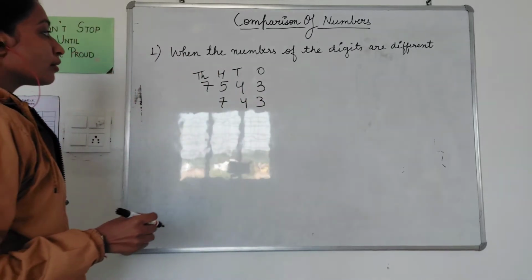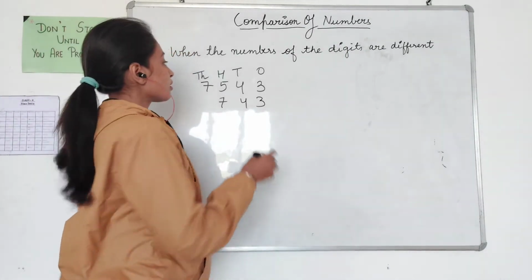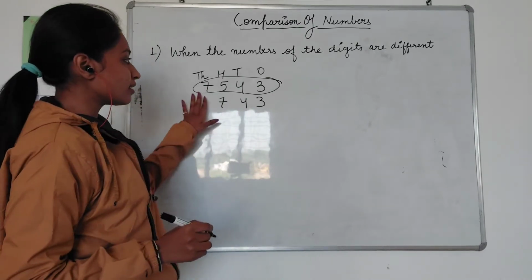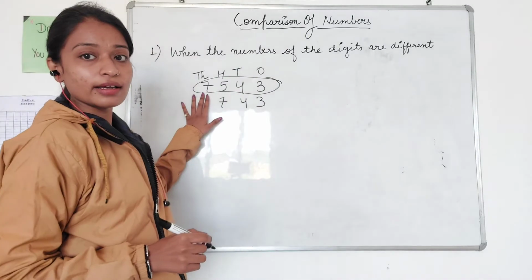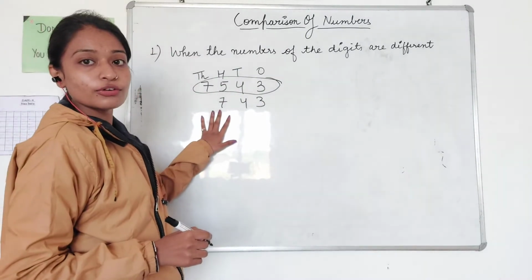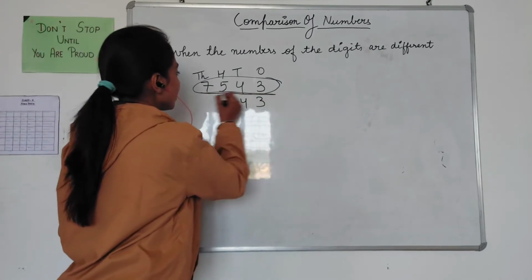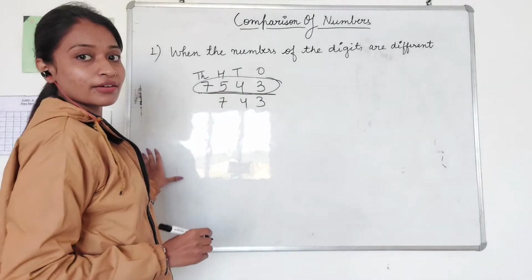So the number with the greater number of digits is always greater. अब इस नंबर के पास ज्यादा डिजिट्स है, yes? ये 4 digits का नंबर है and this is of 3 digits. So always the number that has more digits is greater. Okay?